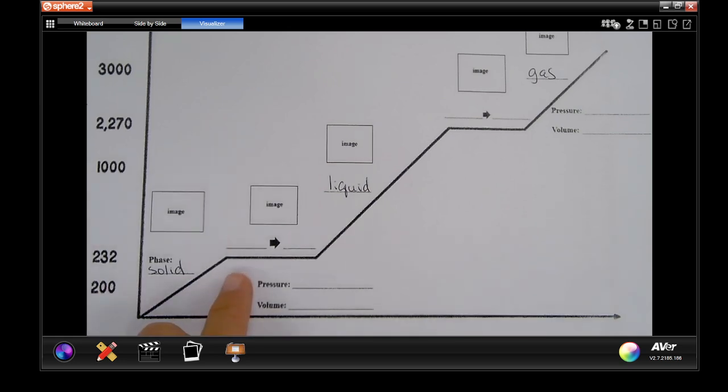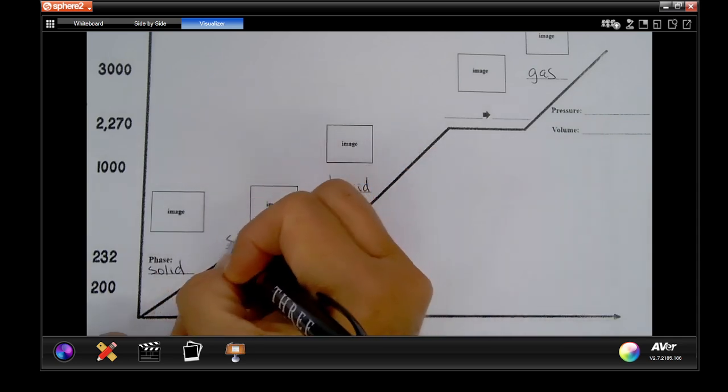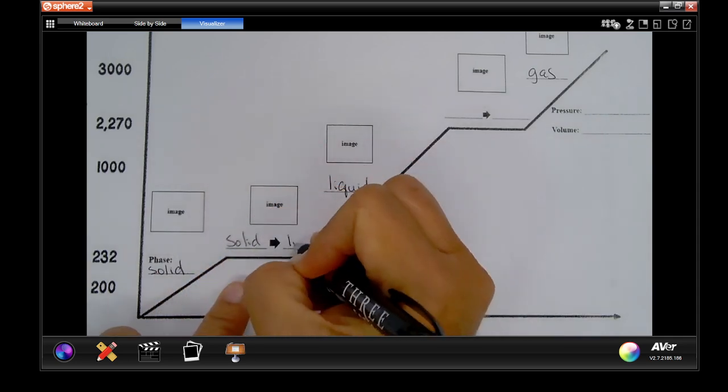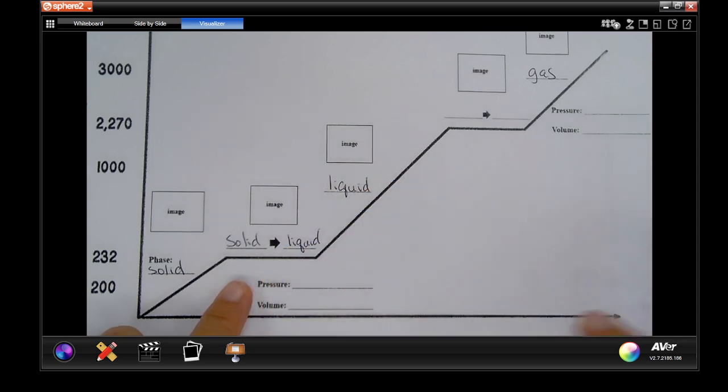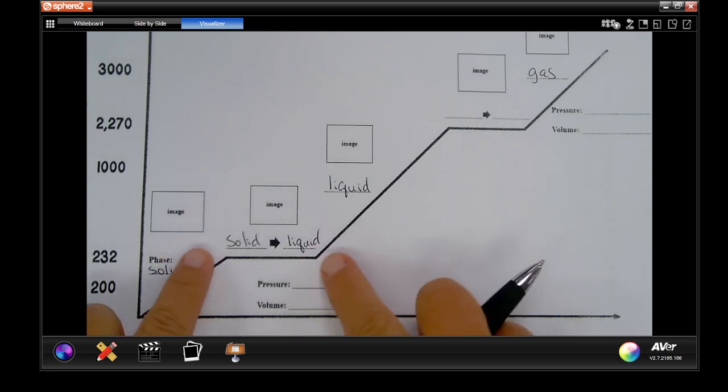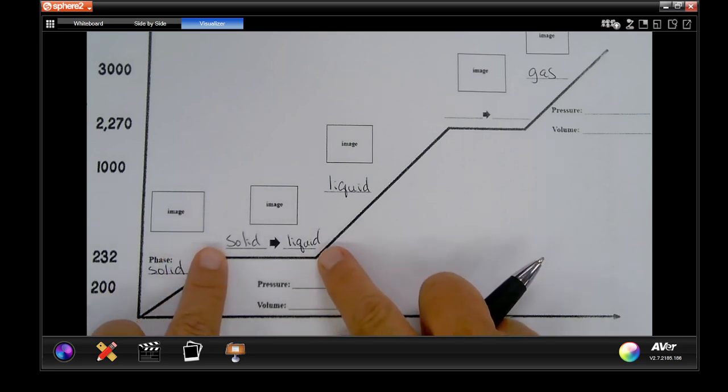But what about when we go through a phase change? When we go through a phase change, this is this part of the graph right here. So this is a solid going to a liquid. What do you notice about the temperature in just this section? What is happening there? Is it rising?